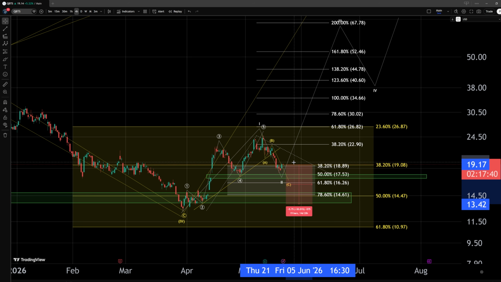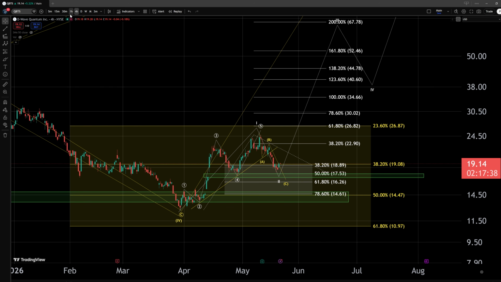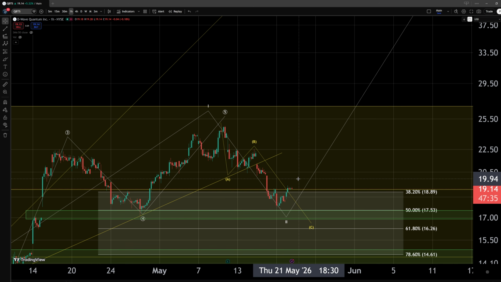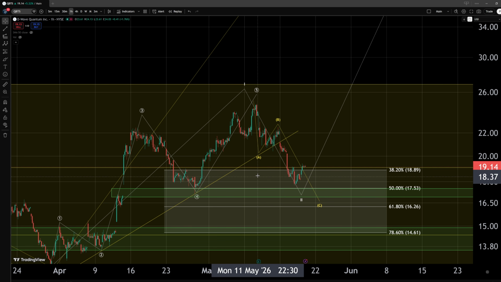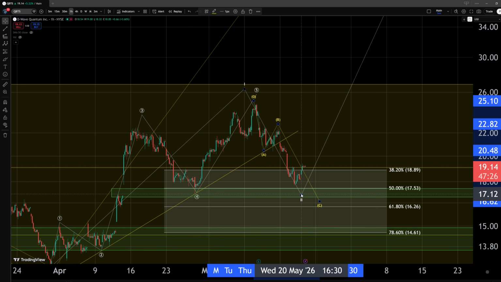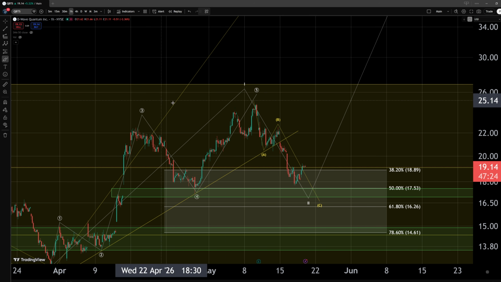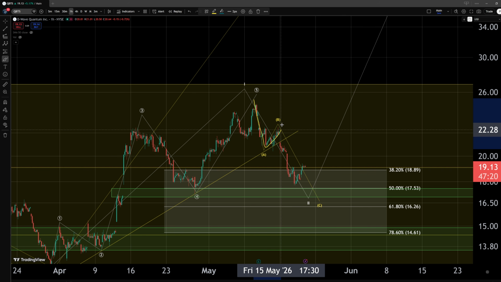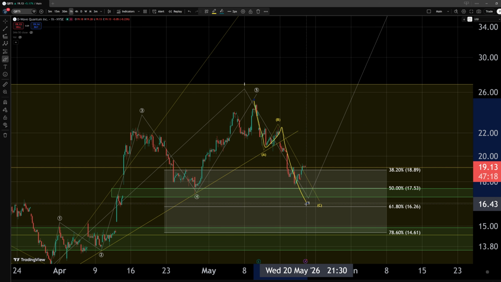So I have actually taken this a step further. I am looking at the most relevant levels of support that could allow for a reversal in the case of this structure. I am of course tracking a few different interpretations in the back of my mind for this overall wave 2 correction, but more simplistically, I am sharing here this idea of an A-B-C pattern that could be taking place.